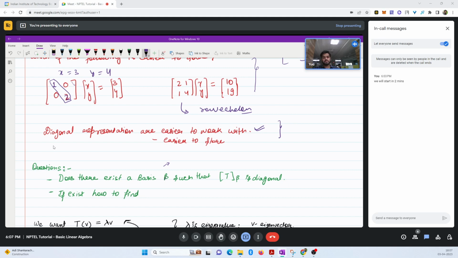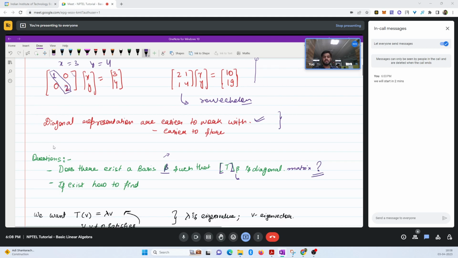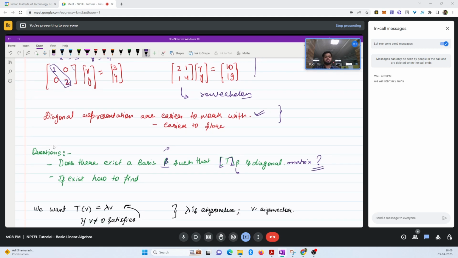So the question being asked is: does there exist a basis beta such that the matrix representation of a linear transformation with respect to that basis is a diagonal matrix? This is the question we will be answering today. And the next part of the question is, if it does exist, how do we find it?